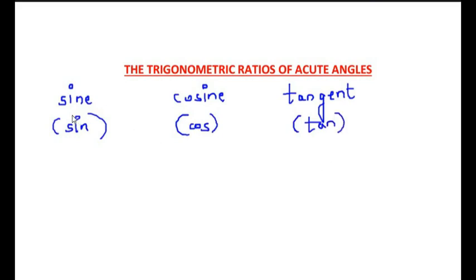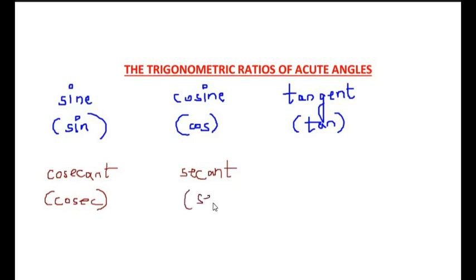Now they also have their reciprocals: cosecant, which is the reciprocal of sine, abbreviated as cosec; the reciprocal of cosine is secant, abbreviated as sec; and the reciprocal of tangent is cotangent, which is represented as cot.